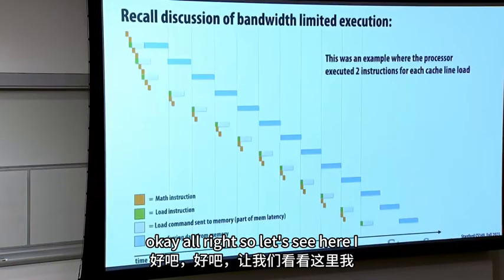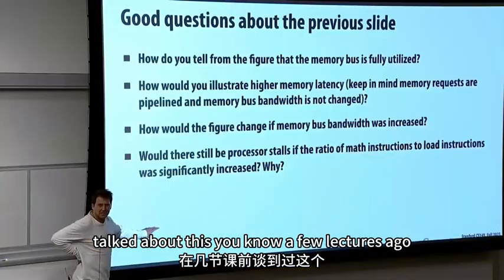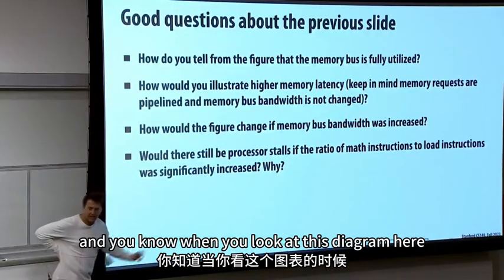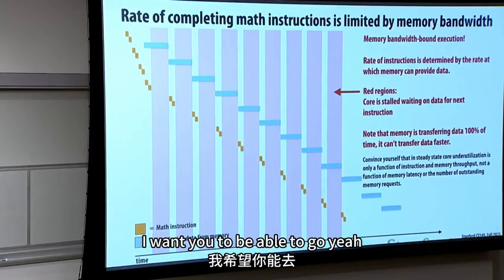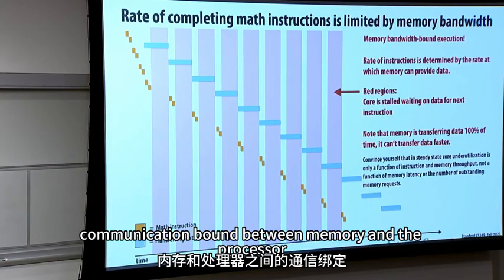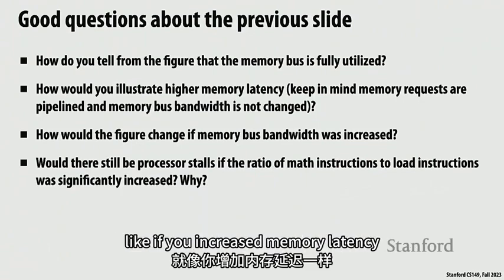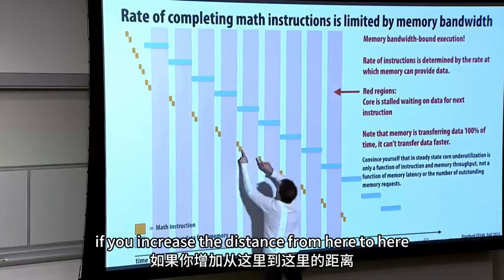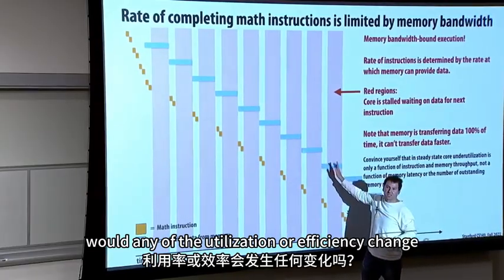Okay, all right, so let's see here. I talked about this a few lectures ago, but I wanted to put up another slide. This is something I'd like you to take offline. When you look at this diagram, I want you to be able to say, yeah, that program is bandwidth bound. It is basically communication bound between memory and the processor. And I'd like you to be able to answer all of these questions. Like, if you increased memory latency, which means if you increase the distance from here to here, would any of the utilization or efficiency change?